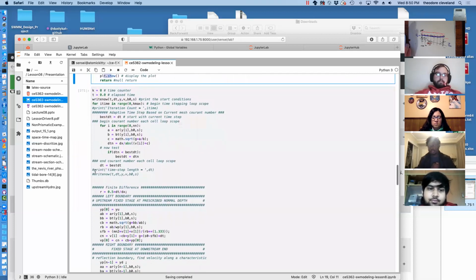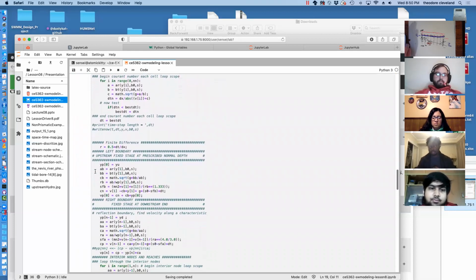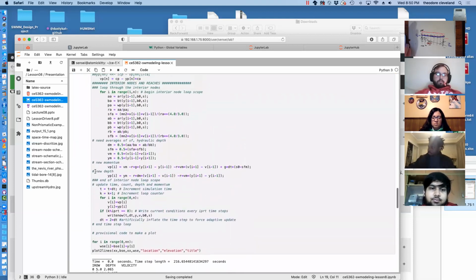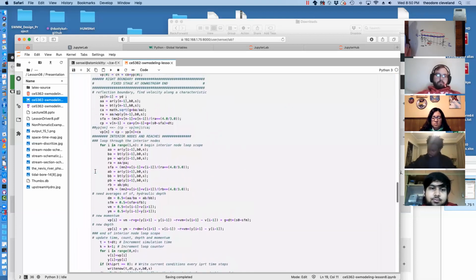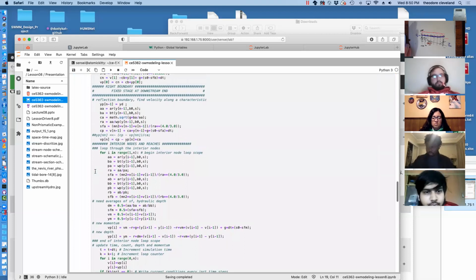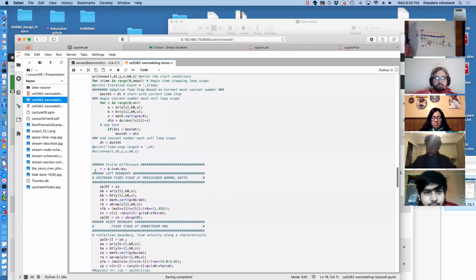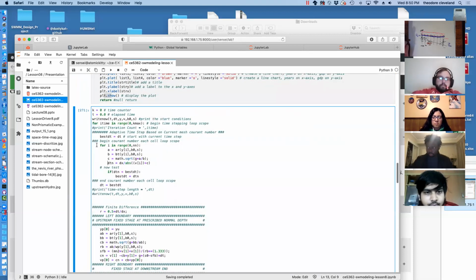And now comes the hard work. All this, which I'm scrolling down quickly at first on purpose, that is the translation of those two update equations up above into computer code. So we have a time counter, and we keep track of elapsed time.